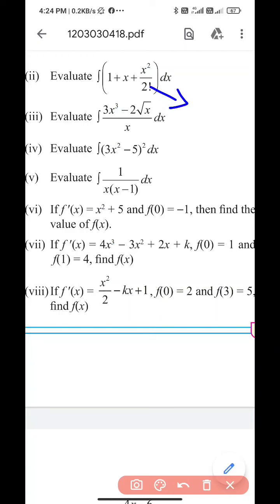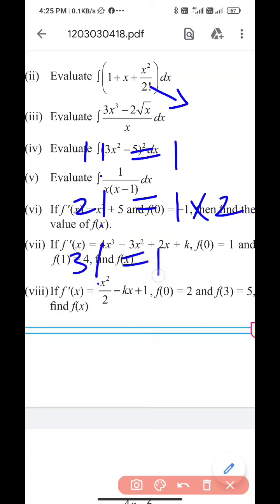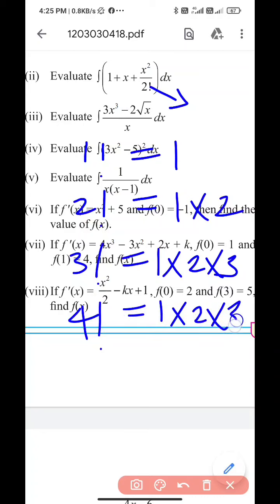So 1 factorial is equal to 1, 2 factorial is equal to 1 into 2, 3 factorial is equal to 1 into 2 into 3, 4 factorial is equal to 1 into 2 into 3 into 4. That is what this sign is.